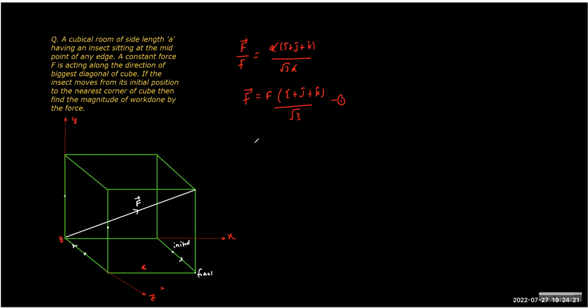And what about the delta? Anybody? Delta. So the initial vector is this one. Take the origin. This is r initial and this is r final. So it's very obvious it is a by 2 k cap, right? That we can directly write the answer, right?